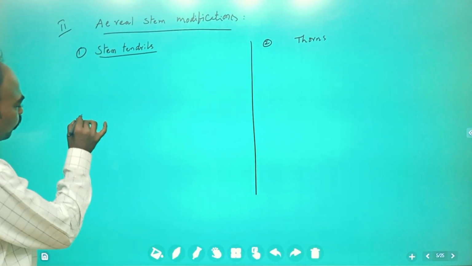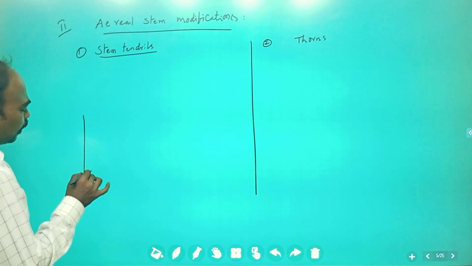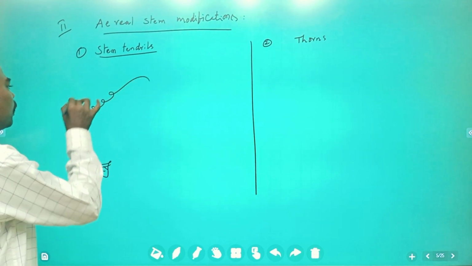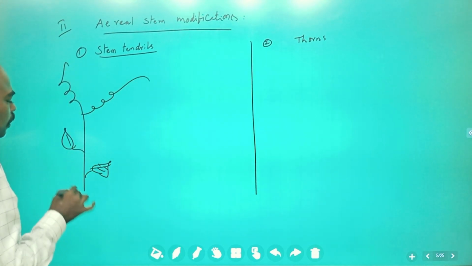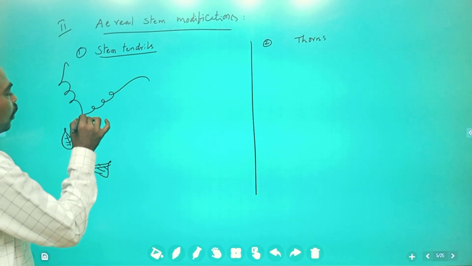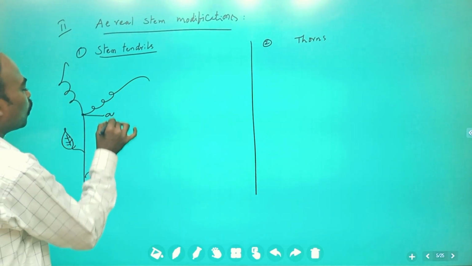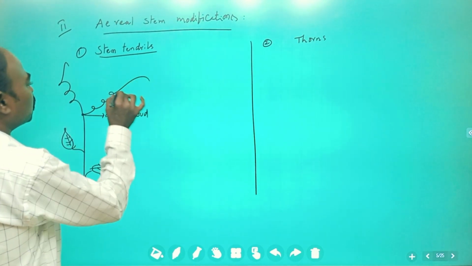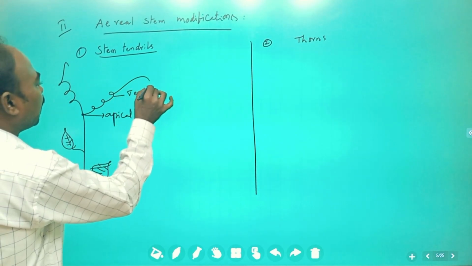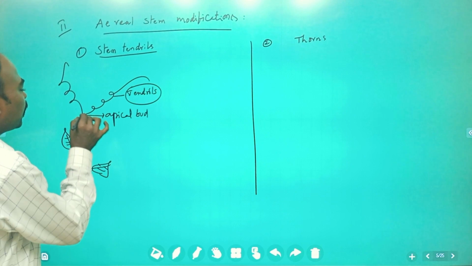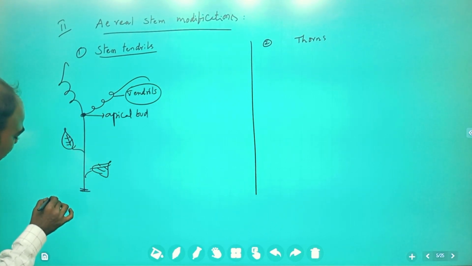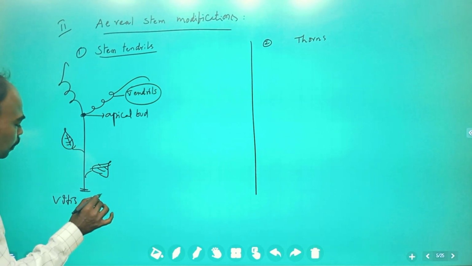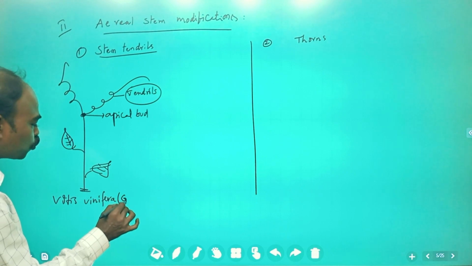What does tendril mean? In the aerial shoot, from the apical bud or from the axillary bud, wiry, coiled, delicate, sensitive structures develop, called tendrils. The stem tendrils are developed from the apical bud in plants like Vitis vinifera, grapes.